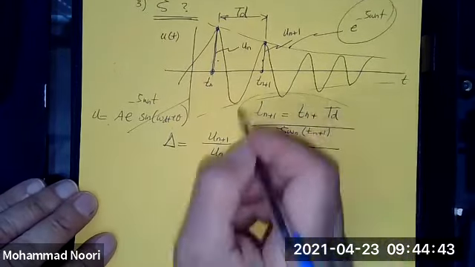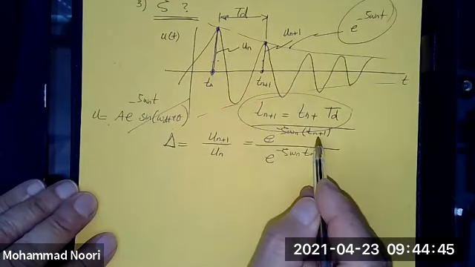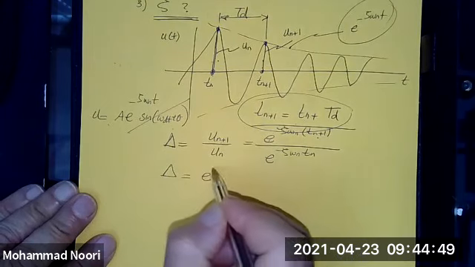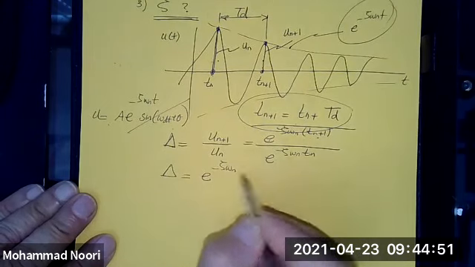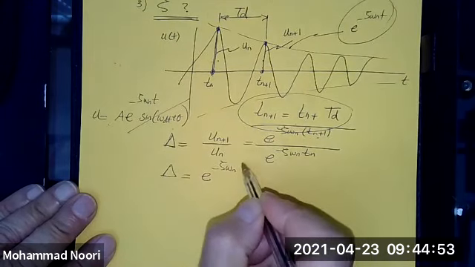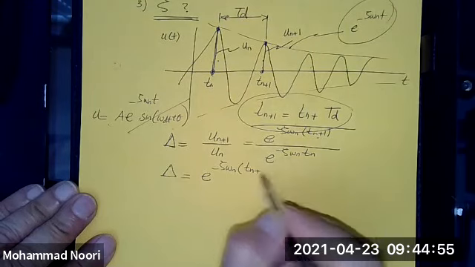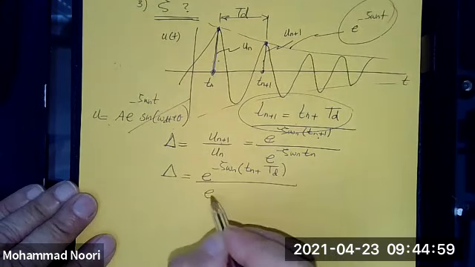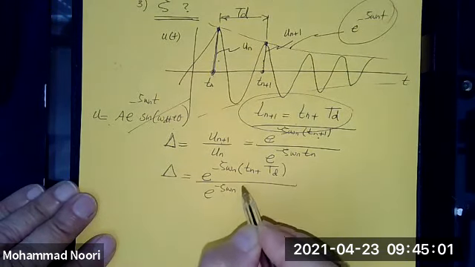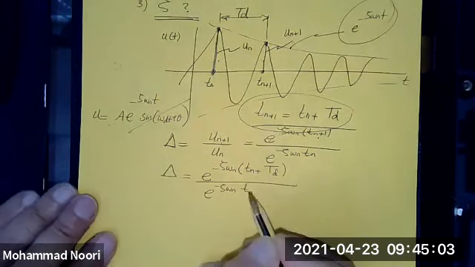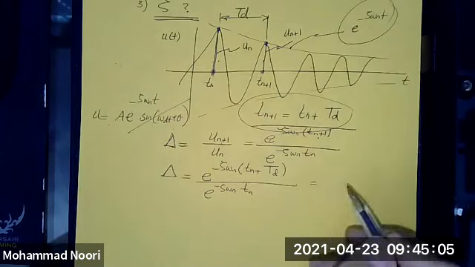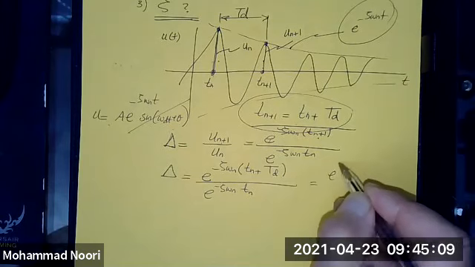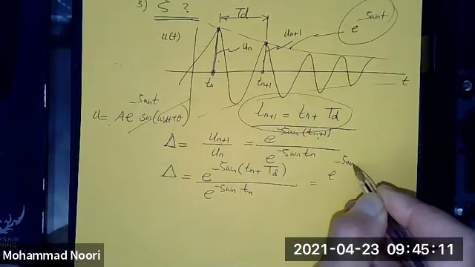Now, if I substitute that in here, what do I get? I get this ratio is e to the minus zeta omega n times (Tn plus Td), divided by e to the minus zeta omega n times Tn. So you can see that easily, right?